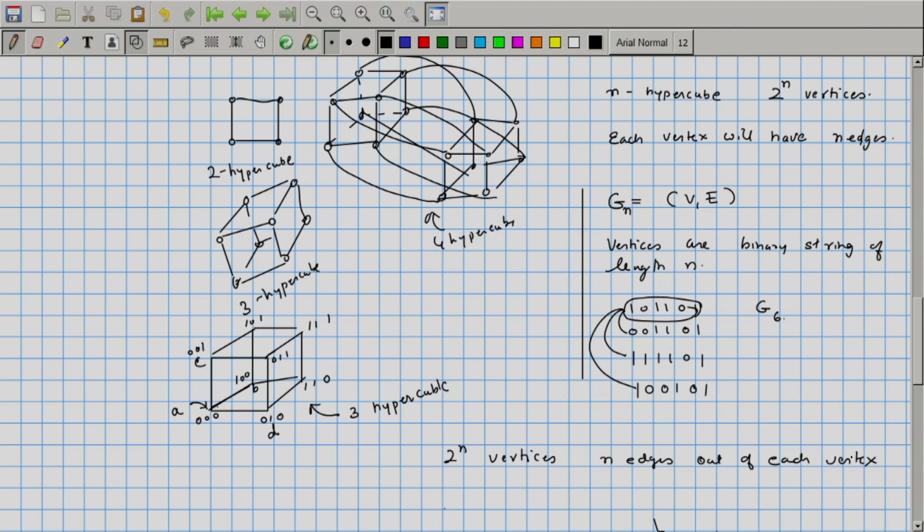For our purpose, we will imagine that, although we are drawing it as a single edge, there is an edge from say A to D and an edge from D to A. So, when we look at the routing problem, we can send a packet from A to D and D to A at the same time in one parallel step. So, the total number of edges in this graph would be 2 raised to n times n.